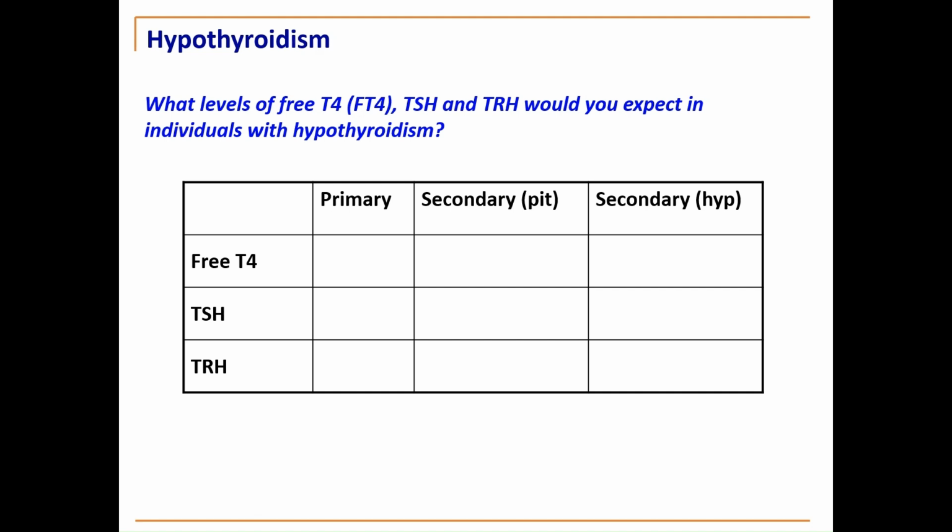So all I want in each case is just high, low, or normal. So again, we're going to do primary, then secondary pituitary issue, and then hypothalamic issue. So I'll press pause, and I just want you to complete the table, please.